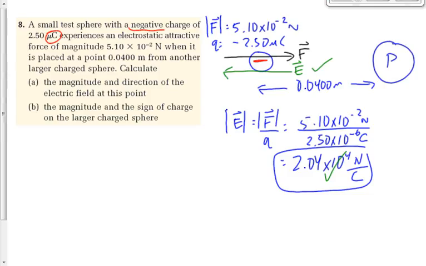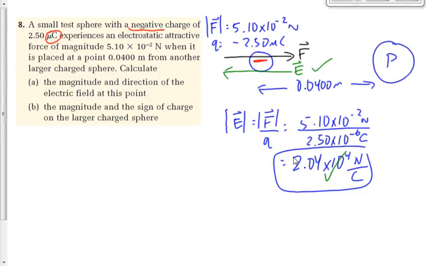Negatives always experience a force opposite to the direction of the electric field. If the force is to the right, and this is a negative particle, then the field must be to the left. Make sense? We're going to verify that in just a moment, not in terms of fields, but in terms of Coulomb forces or electric forces. And you'll see what I mean by that in a sec.